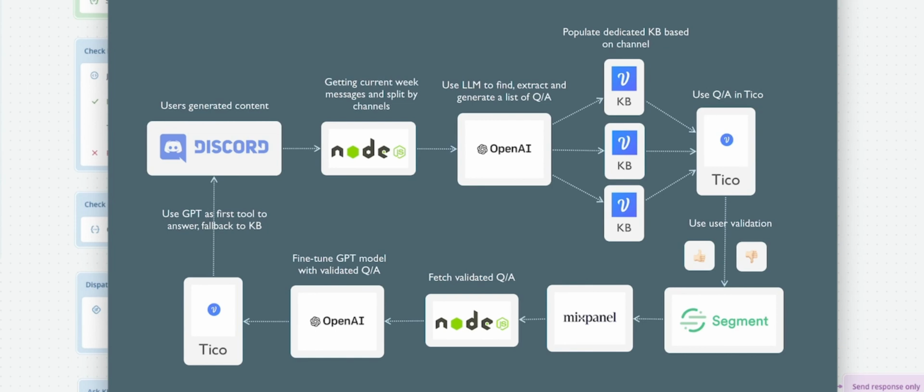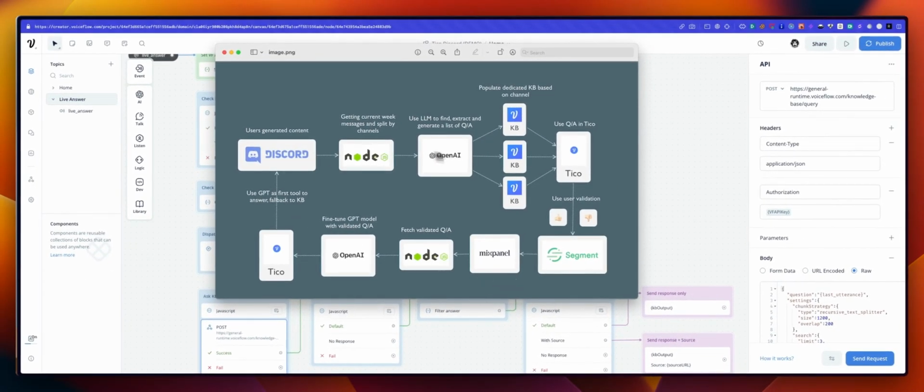If I don't find anything in there, I will target a specific knowledge base based on where this information is coming from. Is that coming from the no-code channel? Is that coming from the general channel? Is that more a dev question? Is that more an API-related question? And then we can switch to a more technical knowledge base, if that makes sense. And this is the loop.